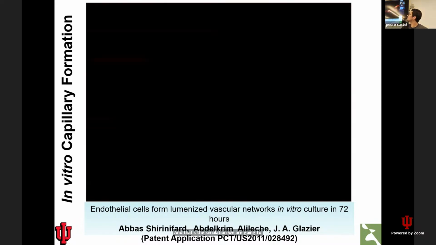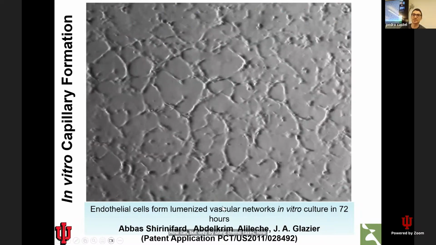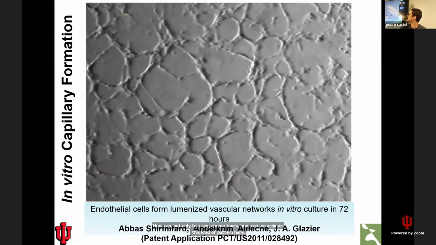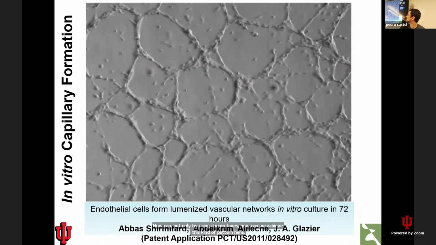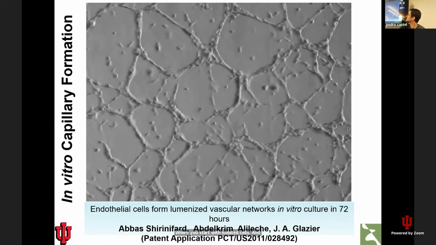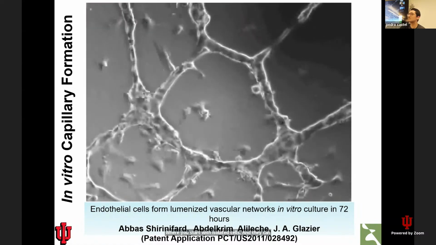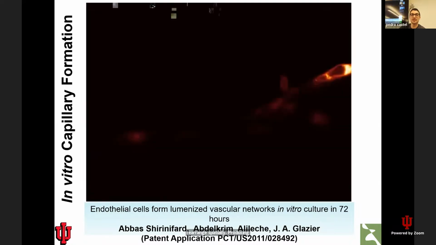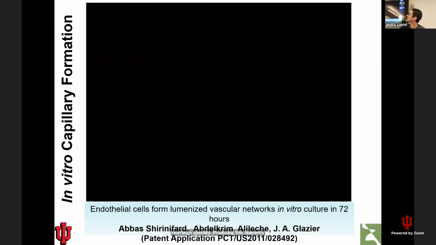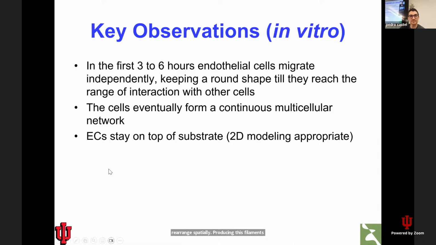But only by using chemotaxis, how can we achieve this kind of pattern here? You start with isolated cells, and they can rearrange spatially, producing these filaments where the filaments interconnect. So the observations are that the endothelial cells migrate independently.